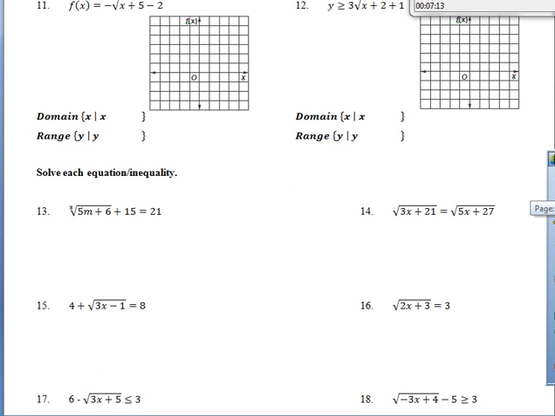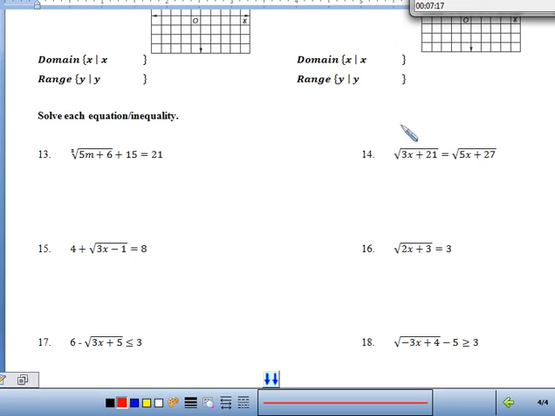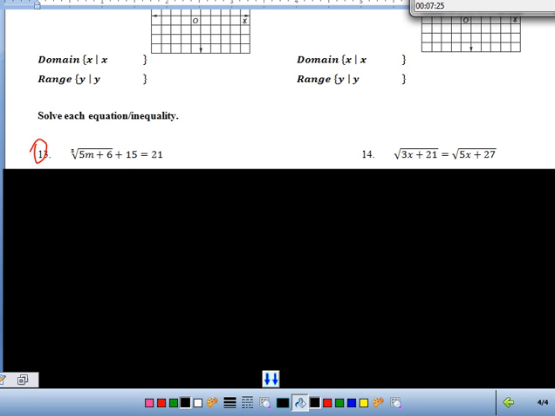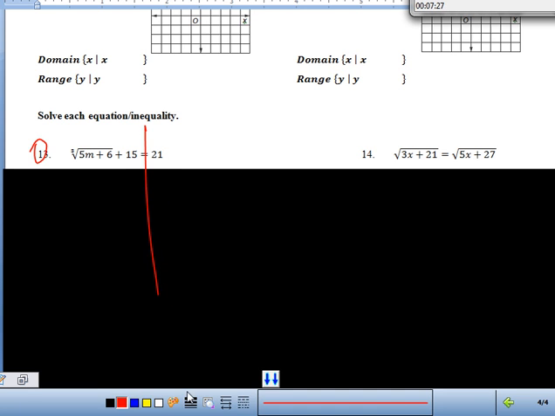And skipping down to the final set here, when I want to solve these radicals, let's take a look at 13. Just like any other equation or inequality, I'm going to make my line differentiating the right side and left side, and now I have to undo.